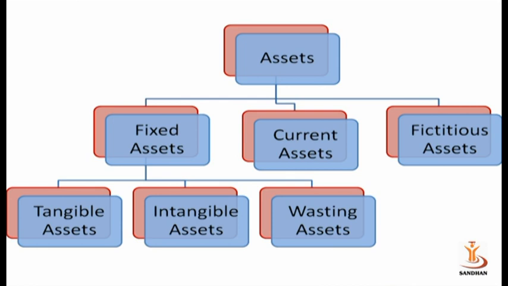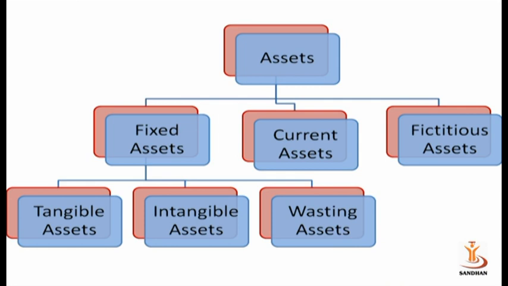Mainly there are three types of assets: fixed assets, current assets, and fictitious assets. Fixed assets are further divided into three parts or classified into tangible assets, intangible assets, and wasting assets.